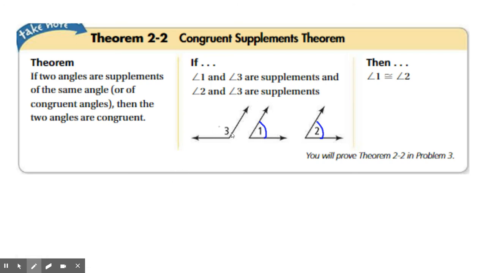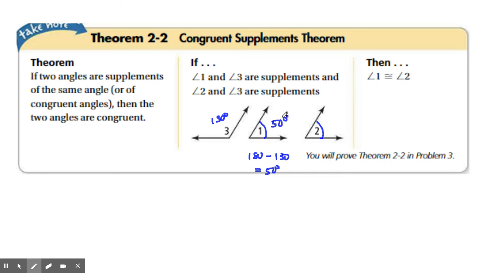So let's just talk about this on this page right here. Let's say that angle 3 has a measure of 130 degrees. If angle 1 and angle 3 are supplements, what does angle 1 have to be? Well, angle 1 has to be 180 minus 130, which is 50 degrees. Angle 1 has to be 50 degrees.